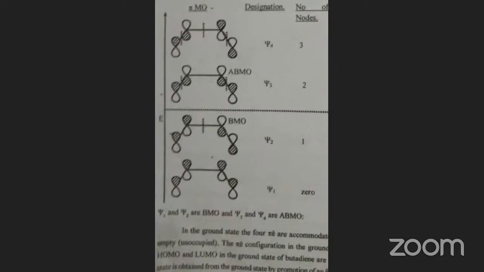Here, some orbital lobes are shaded and some are empty, which indicates that one has the positive sign and the other has the negative sign.